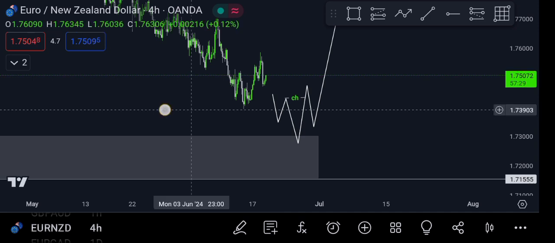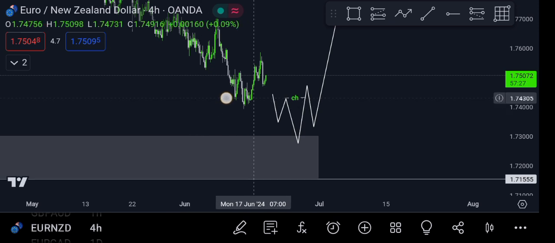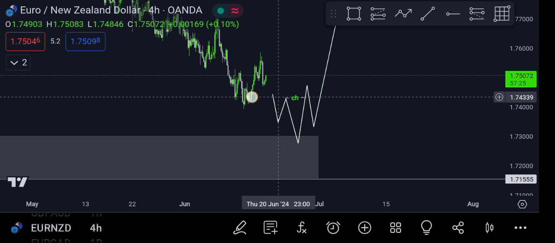As you can see, if price changes character here, the market will now be on an uptrend, guys. The 4 hour time frame will also be on an uptrend. It will align with the daily trend, guys. We need to see the two time frames point in one direction.